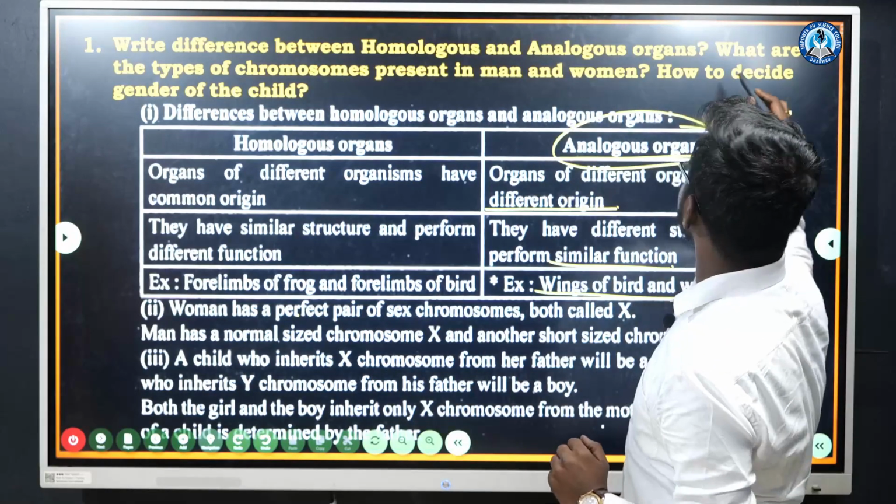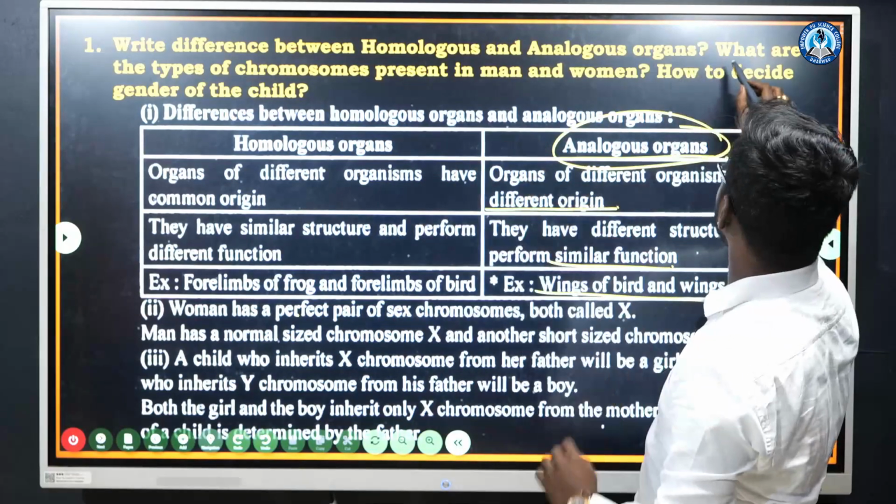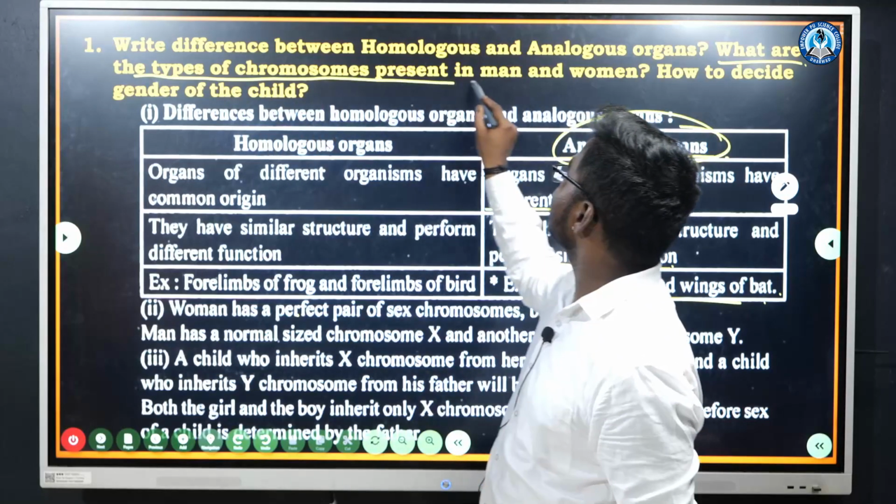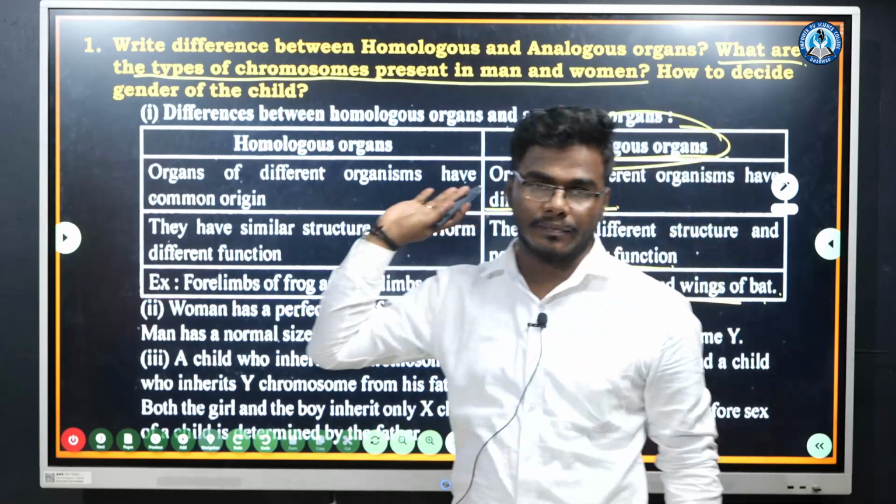Next, moving on to the second question in the same question: what are the types of chromosomes present in the man and woman?